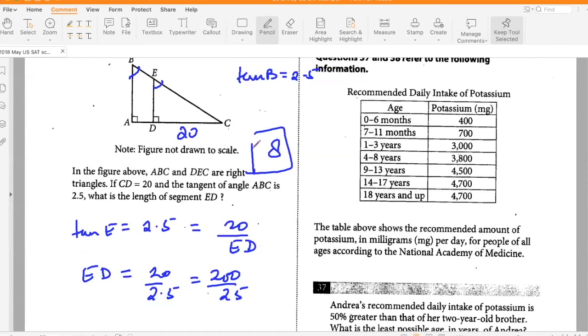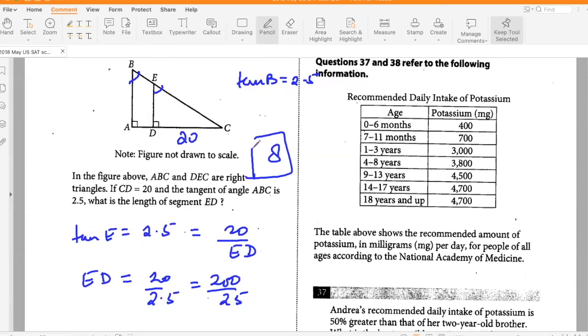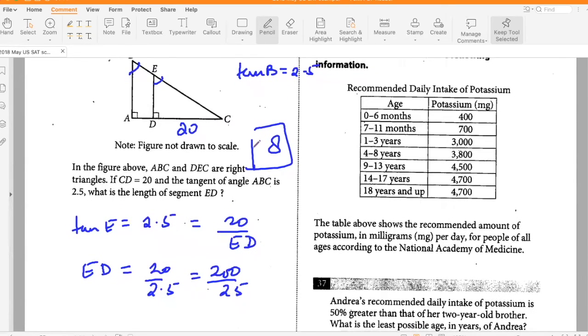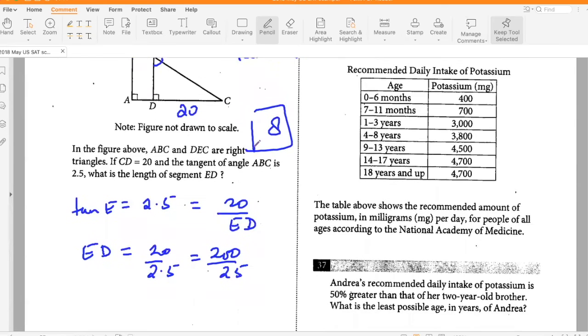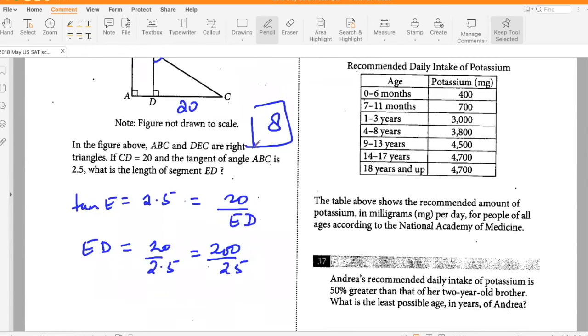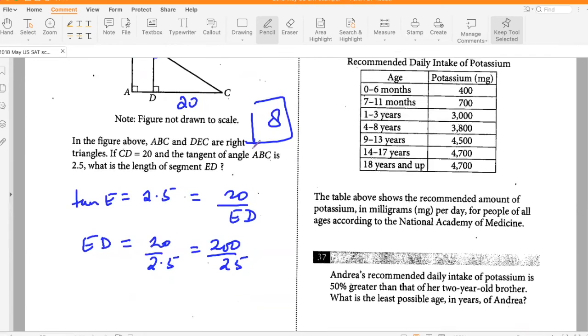Okay, the table above shows the recommended amount of potassium in milligrams per day for people of all ages according to the National Academy of Medicine. Andrea's recommended daily intake of potassium is 50% greater than that of her 2-year-old brother. What is the least possible age of Andrea? So her 2-year-old brother would be 3000.